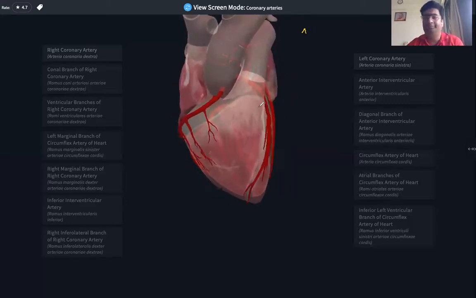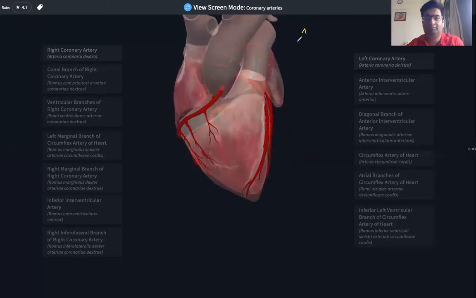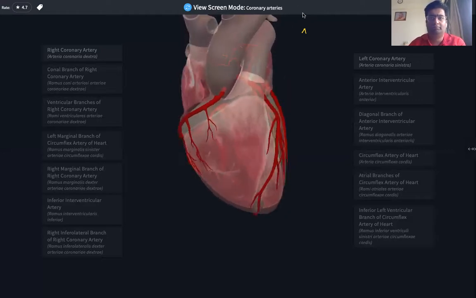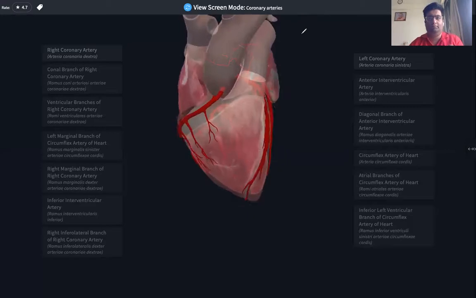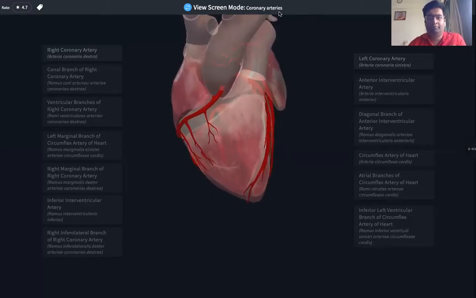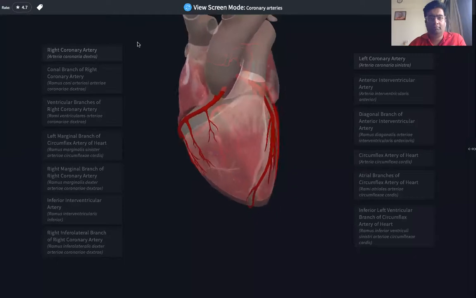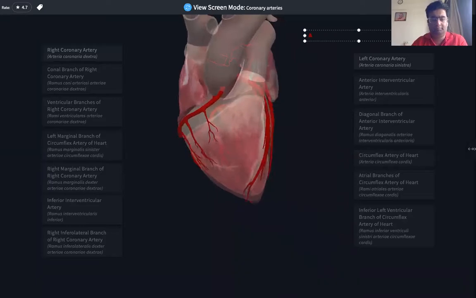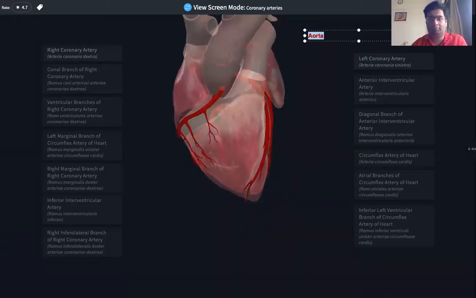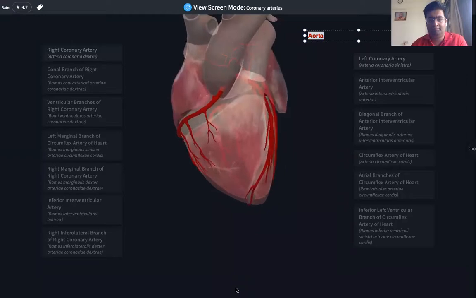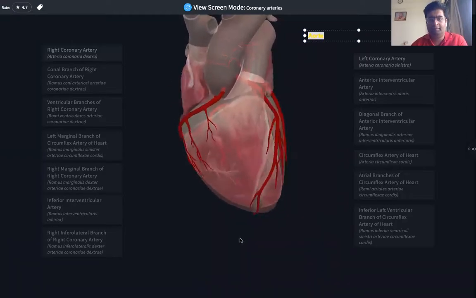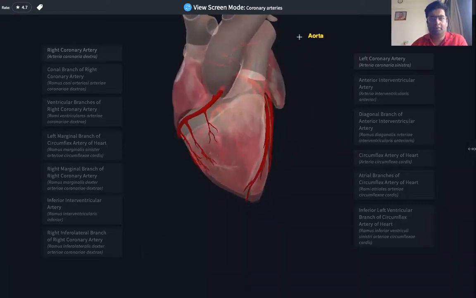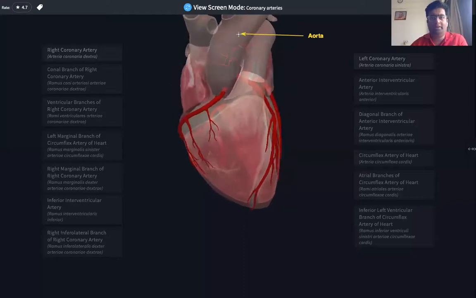So here you have the aorta. I'll just draw an arrow pointing towards the aorta here.